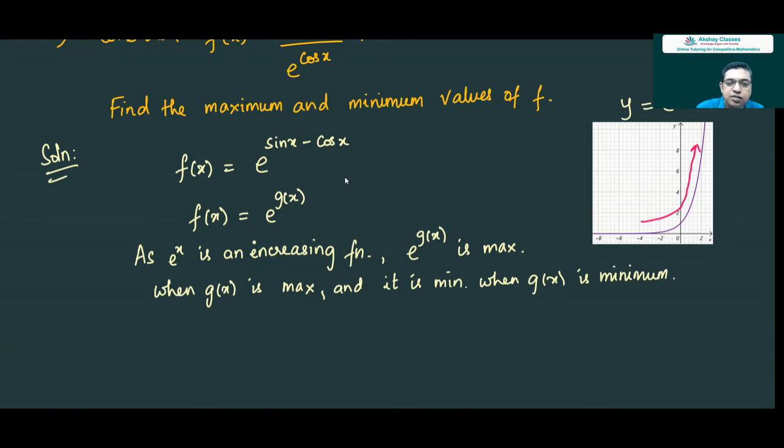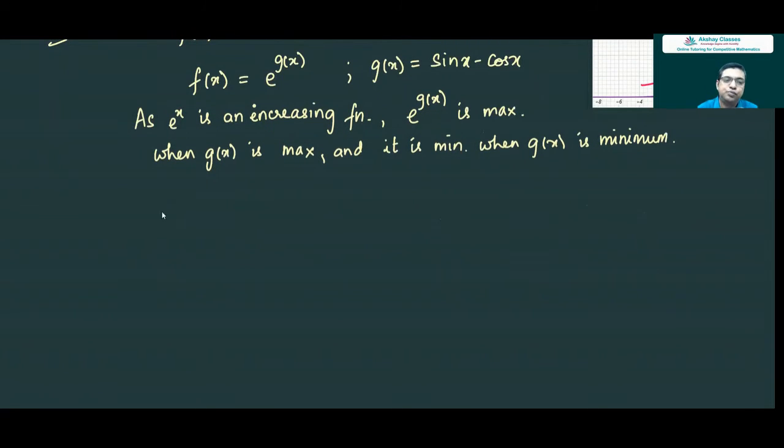Okay. So now let us look at this. Here g of x is sin x minus cos x. So how should we do? Anybody can volunteer? I have to find. So my problem now lies in finding the minimum and maximum values of sin x minus cos x.